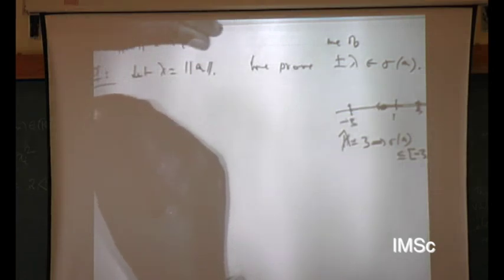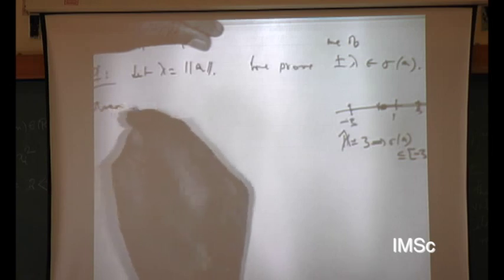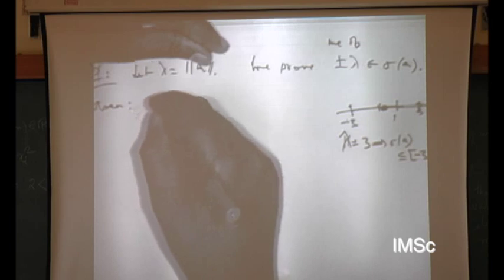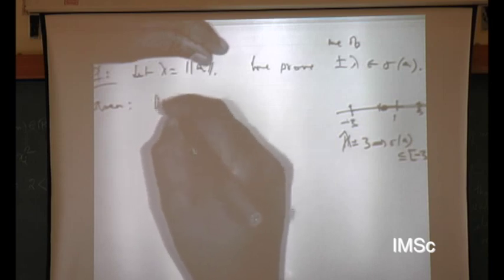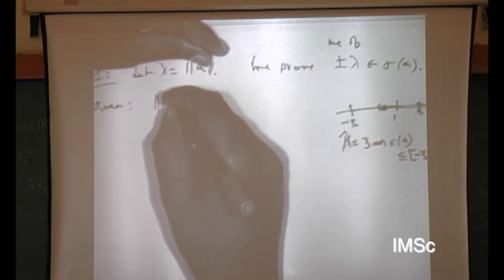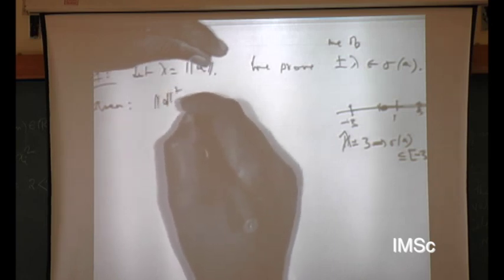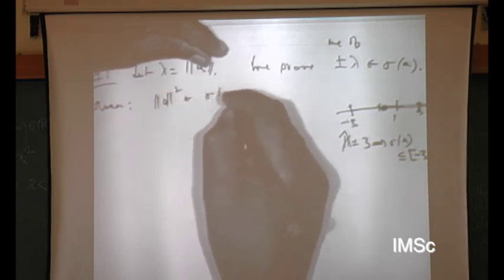Okay, I claim the assertion that the norm of A squared is in the spectrum of A squared.